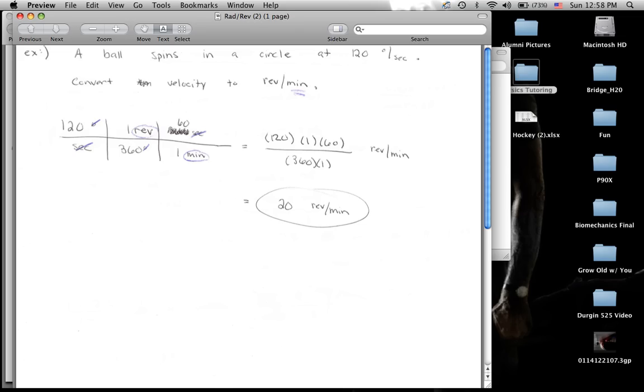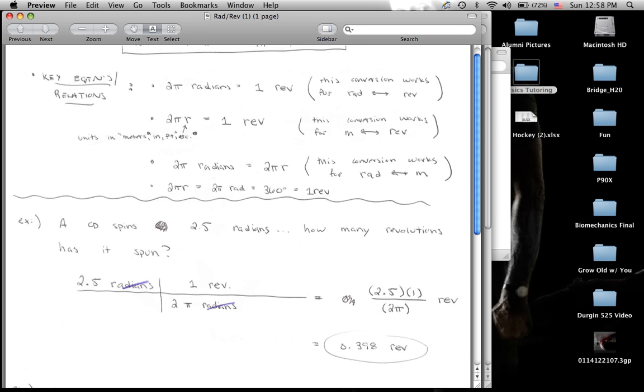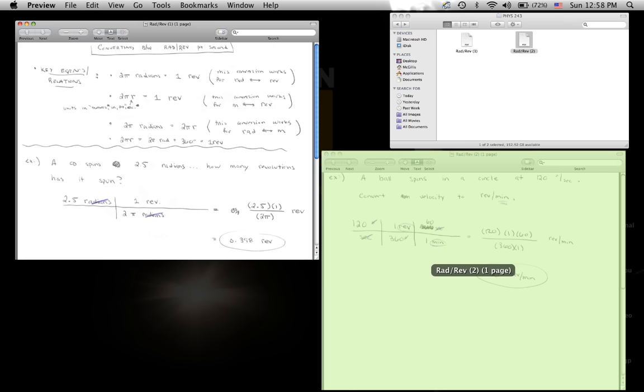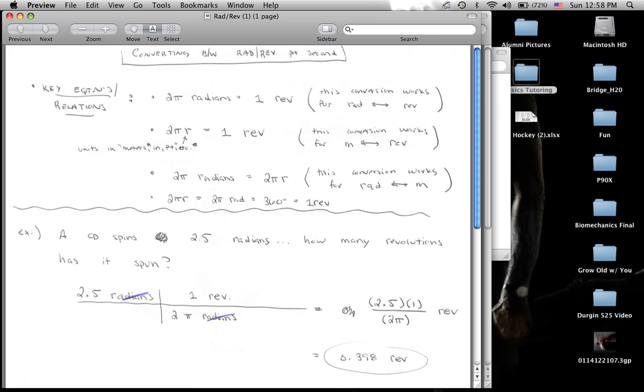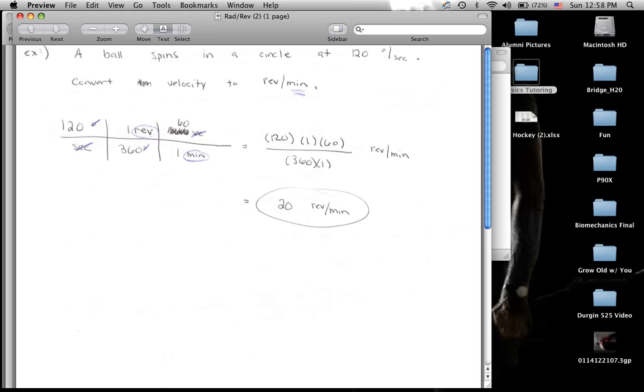So we'll go back up top to our other paper. We have that 360 degrees is 1 revolution. So then I'll come down here and write 1 revolution divided by 360 degrees so that my degrees cancel. Now I'm in revolutions, but I want to get seconds into minutes.